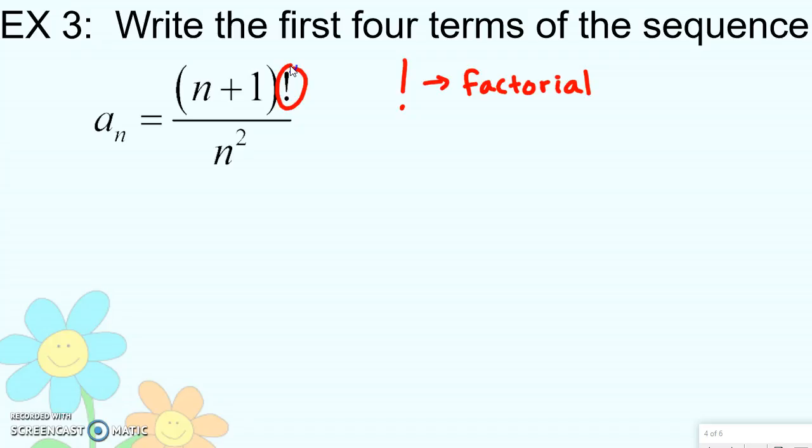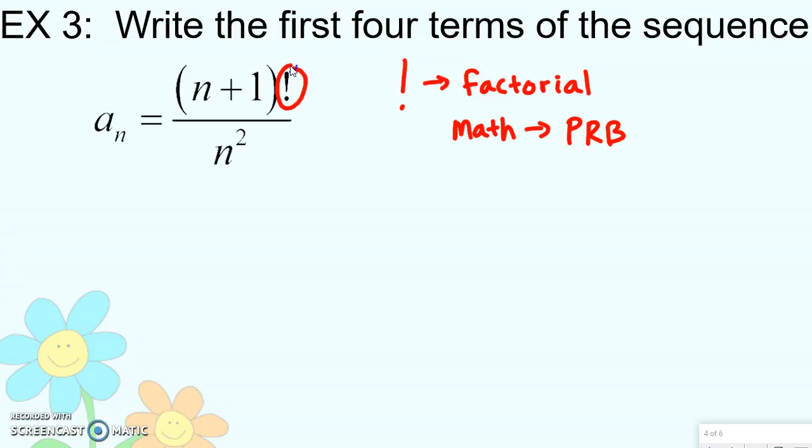So this is a probability symbol and calculation. What it is, is to multiply, like if your number is 5, then you're going to multiply it by all the numbers under it. So 5 times 4 times 3 times 2 times 1. You can find this button on your calculator. If you go to Math and then Probability, so PRB. And I'll show you here in just a minute.